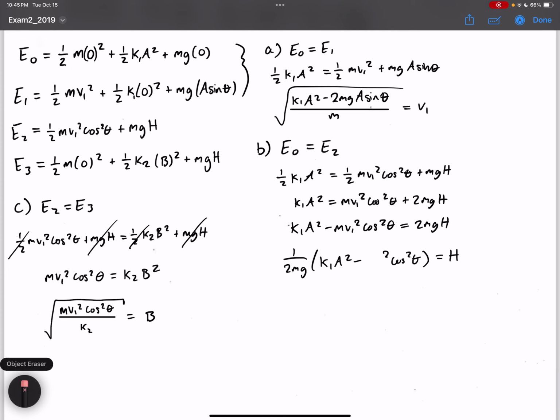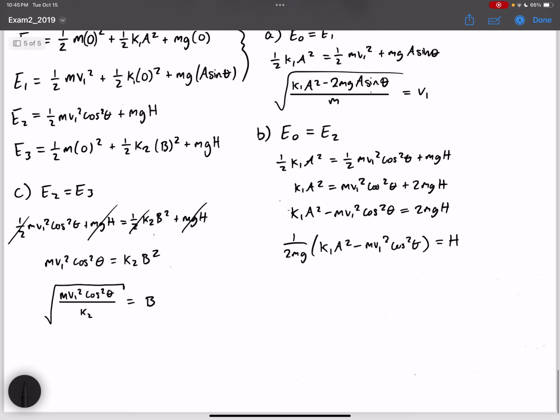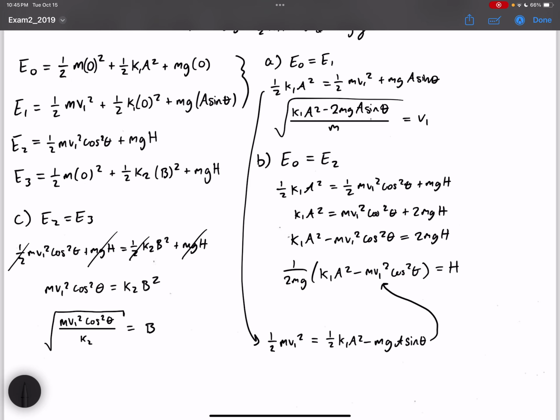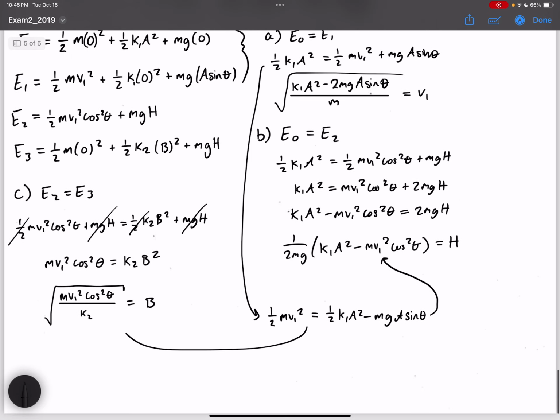I could be wrong, but all it's really saying is that the kinetic energy of this thing is equal to 1/2 k1 a squared minus mg a sine theta, and it wants us to plug that into these values here, wherever it may be.